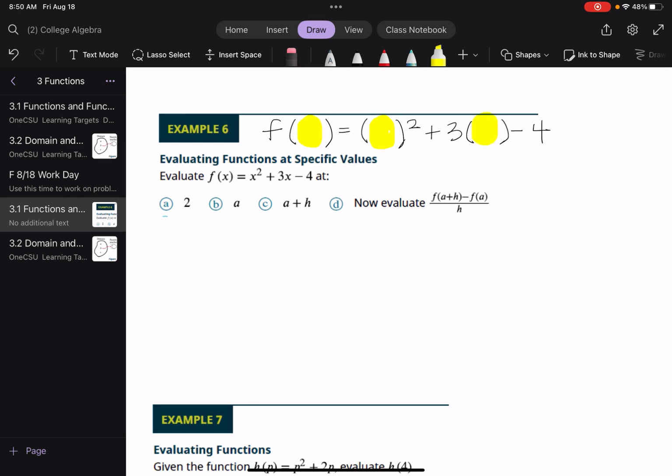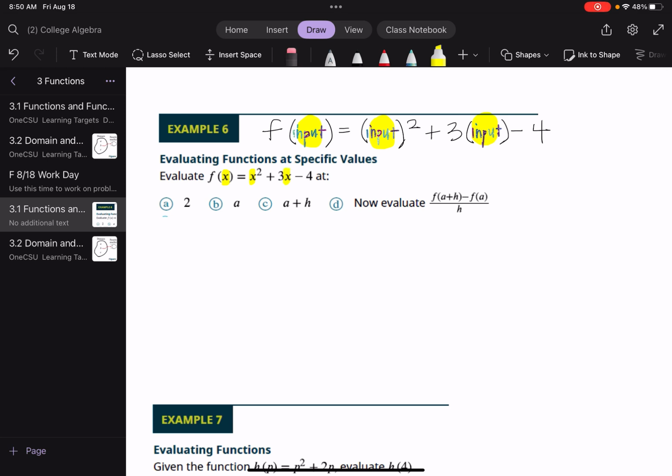And the something is the input, right? So the input is then here and here.